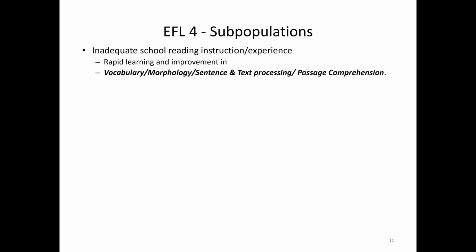So the 3 types of subpopulations I'd like to highlight are, first, those who simply have had inadequate school experiences with reading instruction. There are so many reasons that could have occurred. Age, older school systems, quality of that school system, but often it could be individual reasons.